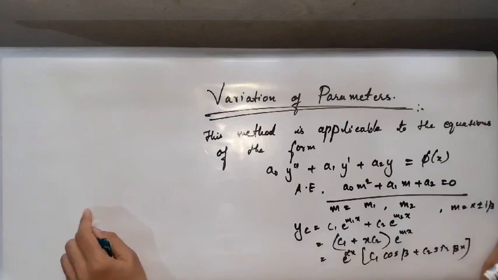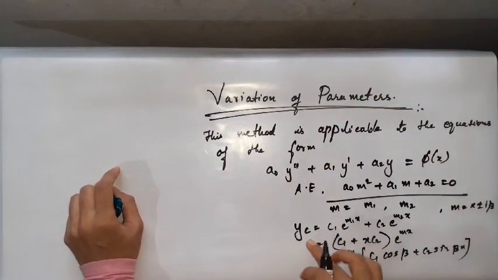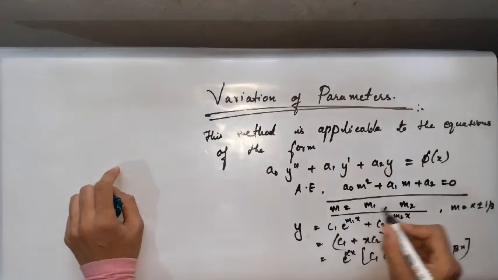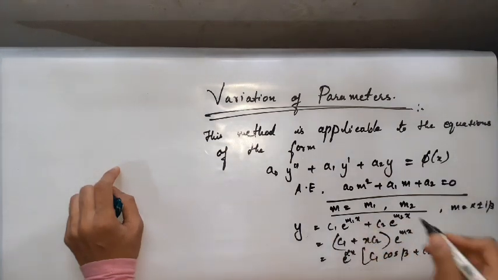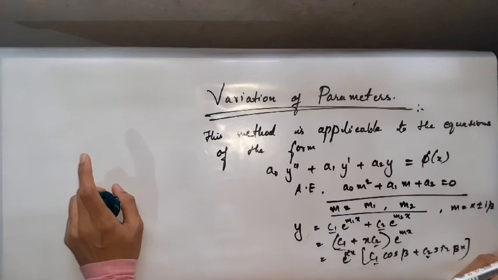Okay, here comes the change. Here, for this variation of parameters, we won't take this solution for yc as yc, we take it as y only. And in place of c1 and c2, the arbitrary constants, depending on various values of m1 and m2, we write the same type of solution, but we don't use the arbitrary constants c1 and c2.